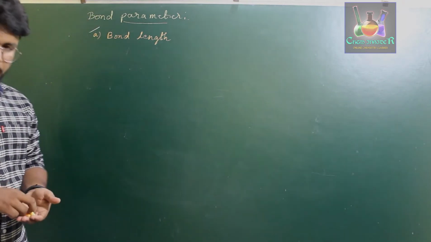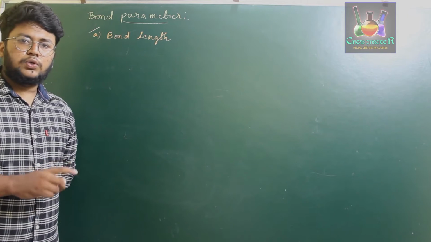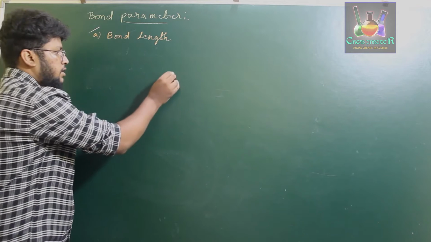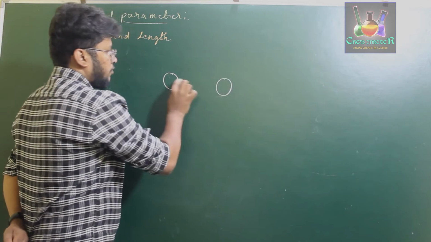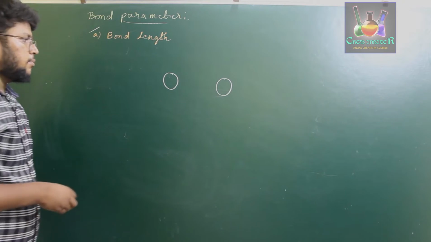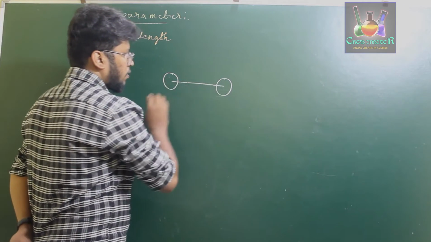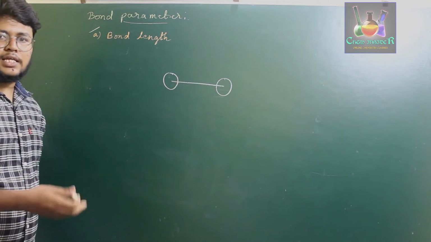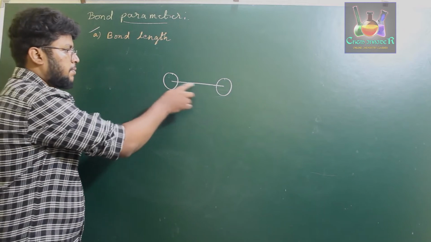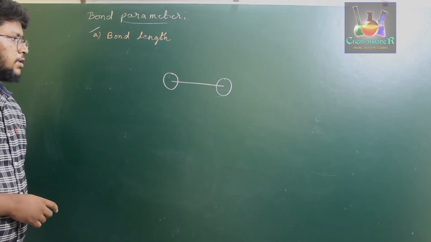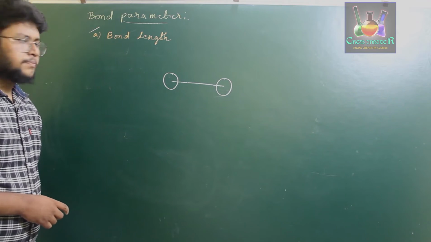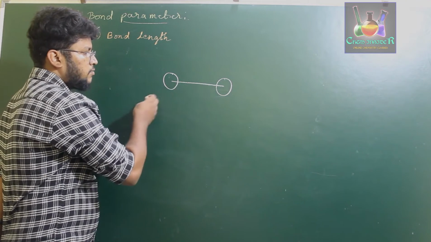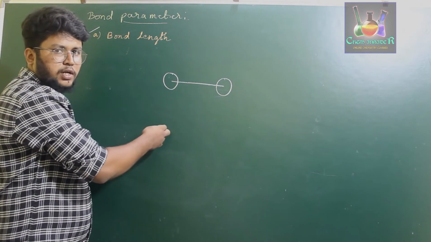In order to understand bond length, let us consider 2 atoms as 2 spherical balls held by a thread. If this thread is elastic, then the 2 atoms will be moving away from one another and towards one another, right?